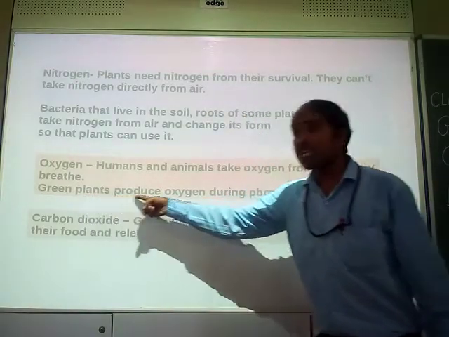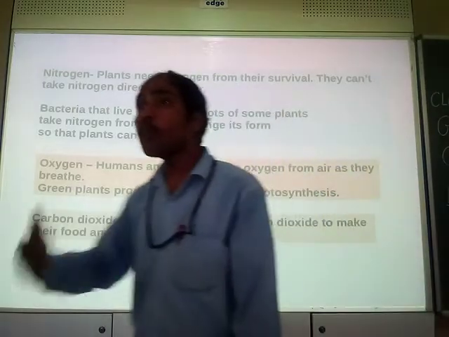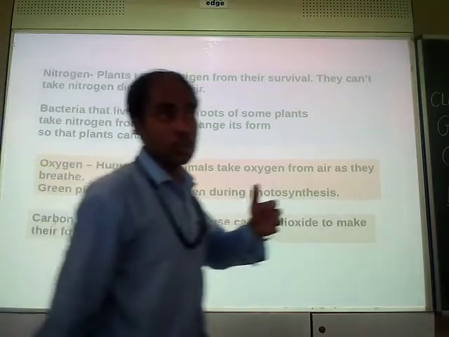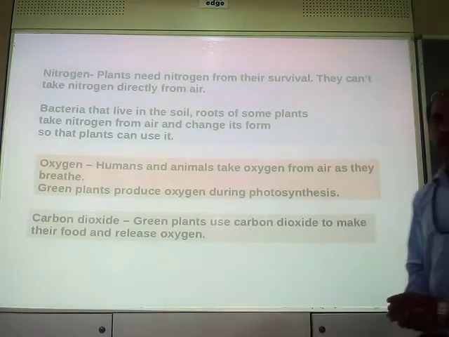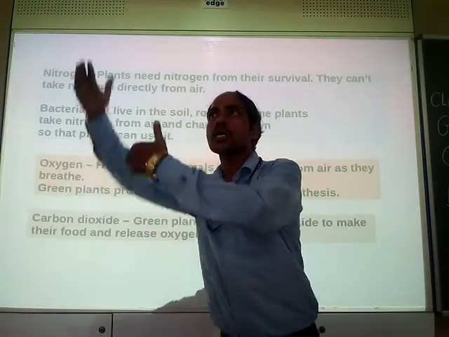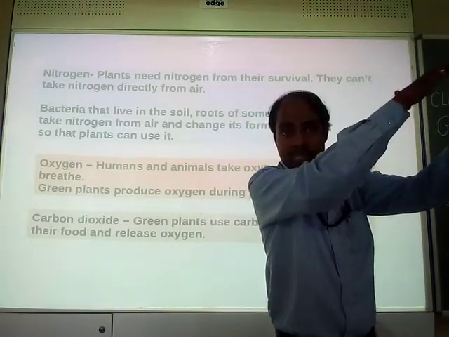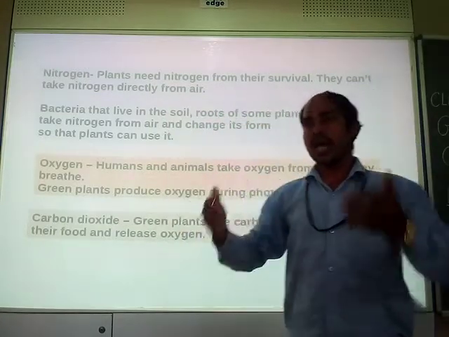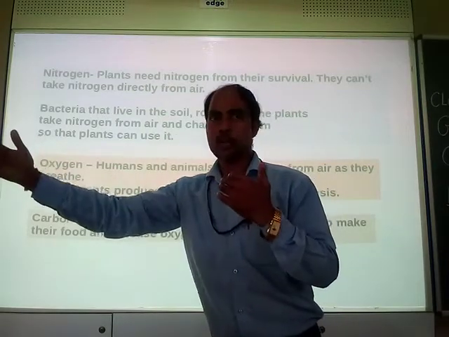Moreover, green plants produce oxygen during photosynthesis. Who produces oxygen? It is the green plants. Green plants, by the process of photosynthesis, take in carbon dioxide and release oxygen, which is taken by humans and animals, and when we breathe out it is carbon dioxide.